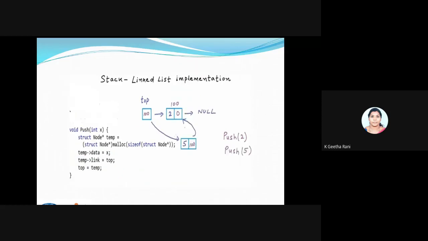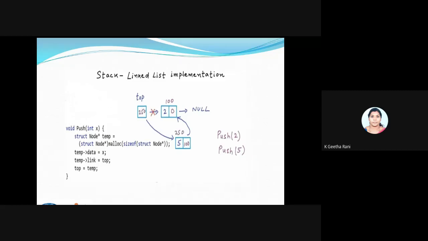Next, I'm trying to push one more data, and it will be pushed only at the start of my list. As I said, we are going to insert or delete only at the beginning of the list for my stack. So I'm going to insert between the top and my first node. Again I'll be performing these 3 steps. I'm creating a node and putting data 5.